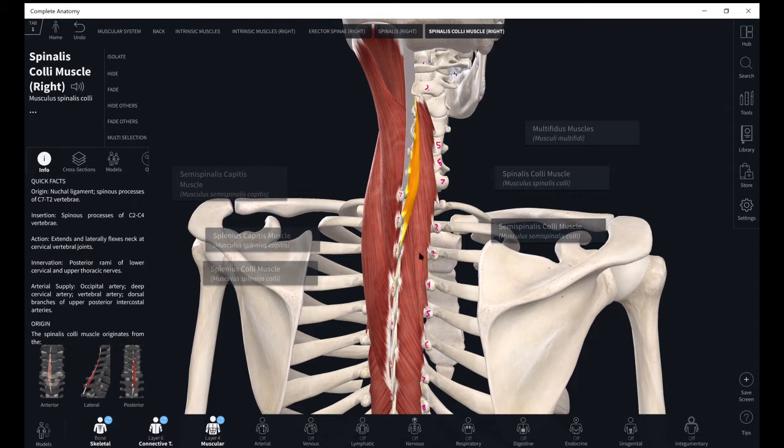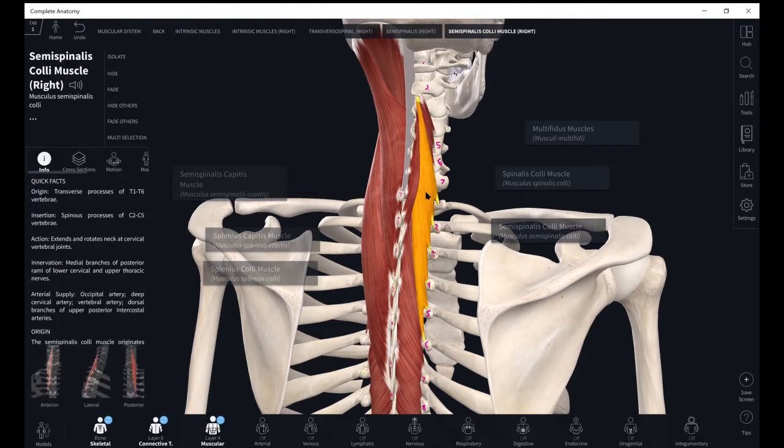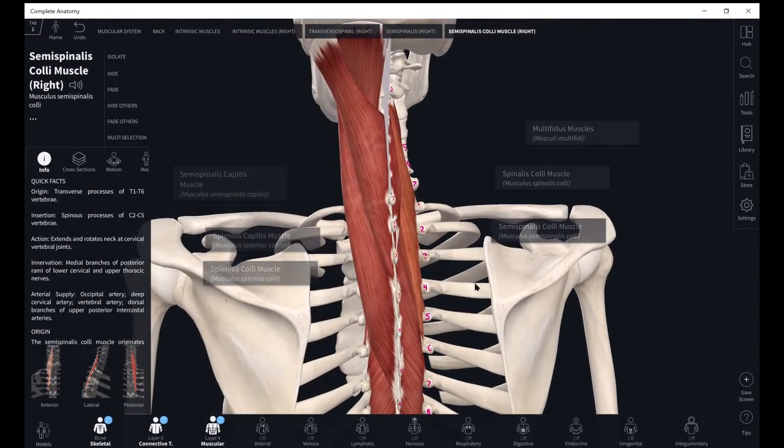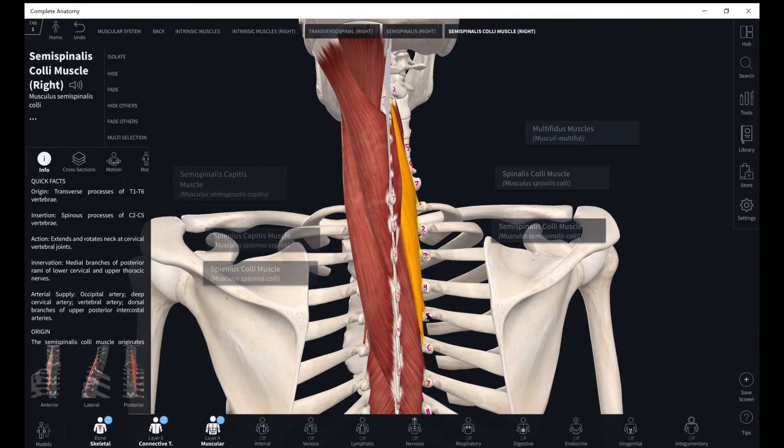We move a little bit further laterally to that, and we'll get the semispinalis capitis, or colli. It has a little bit further orientation as far as its attachment all the way down to T6. It inserts in the spinous process of C2 through 5, and again, it's a little lateral to, say, the spinous process of T4, so it'd be hard to needle that this far down.